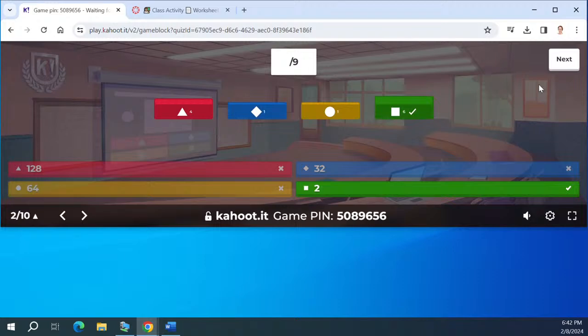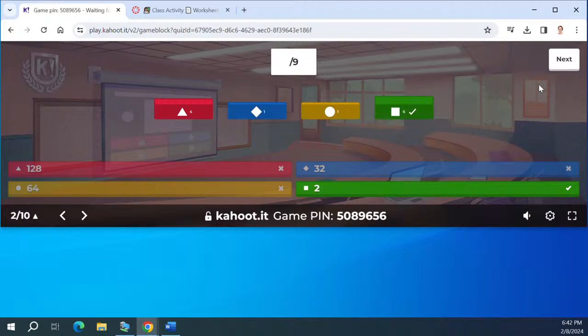So an 18 increments by 64. My next network is 192.168.64.0. What would the third network be? 64 plus 64, 128.0/18.